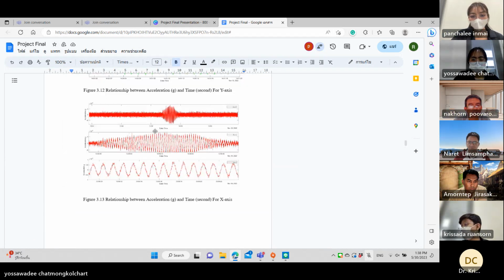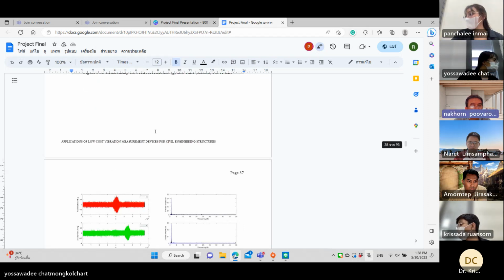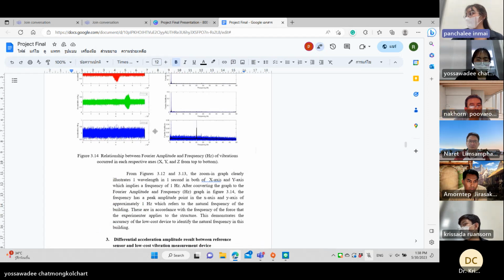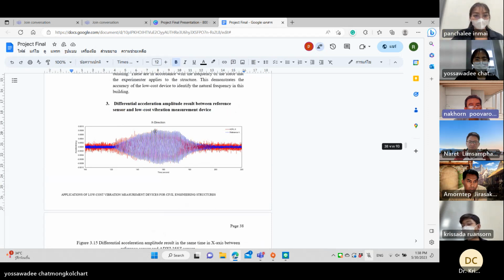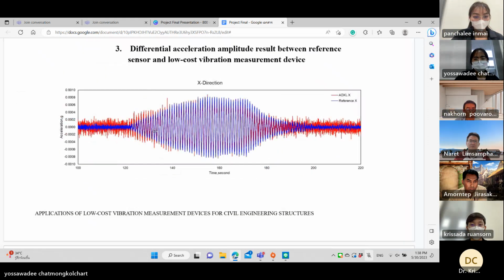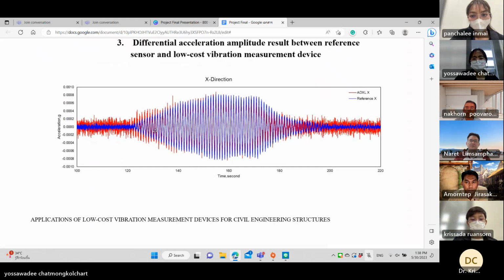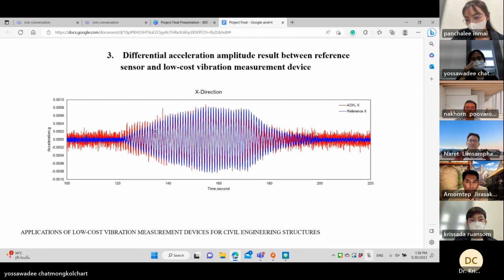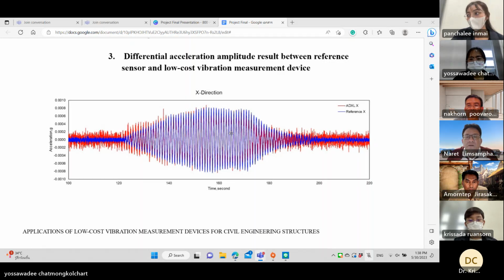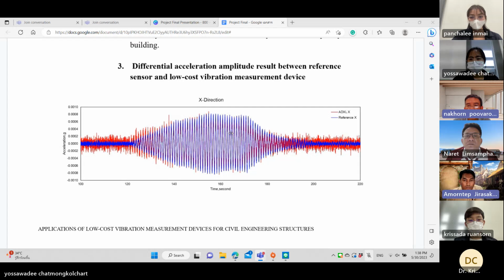Figure 3.15. Yes, this one. You may explain about this result.